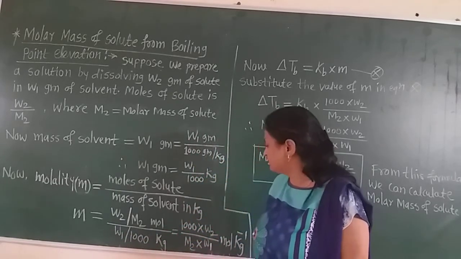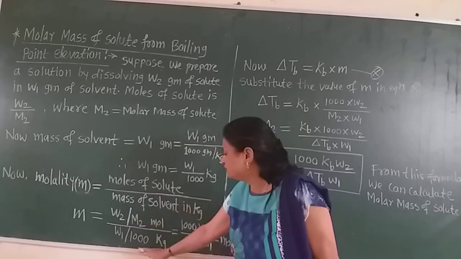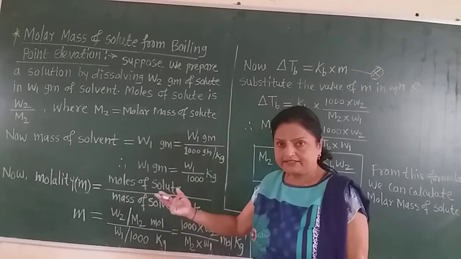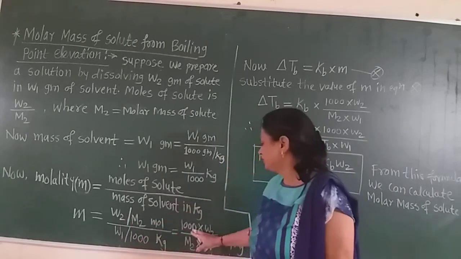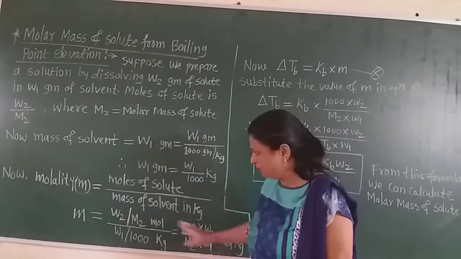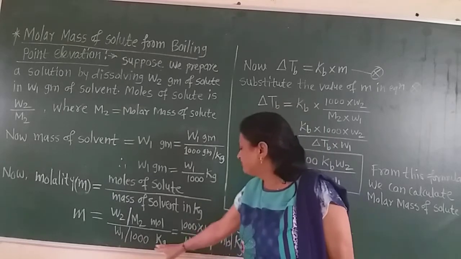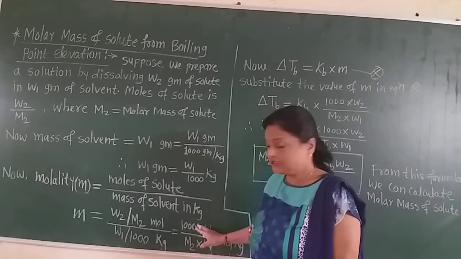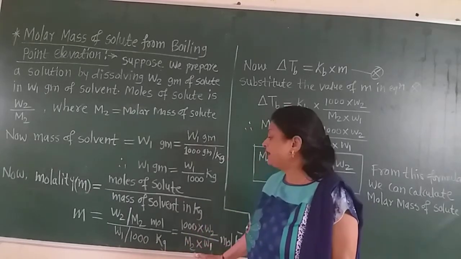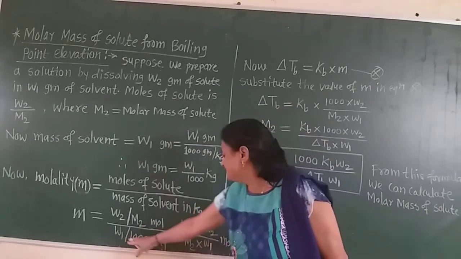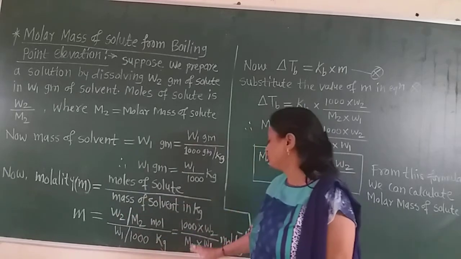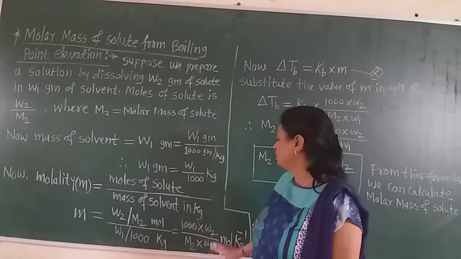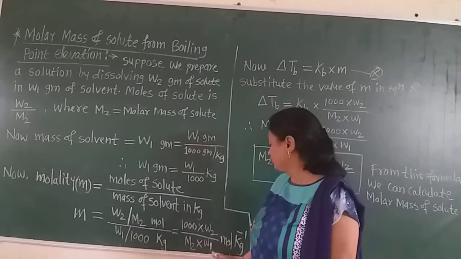Now this becomes W2, and this 1000 goes to the numerator, divided by M2 and W1. Now this formula, the molality m is equal to 1000 into W2 divided by M2 into W1.